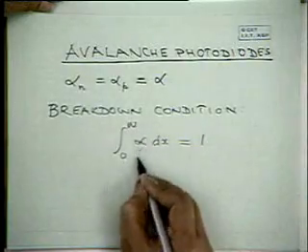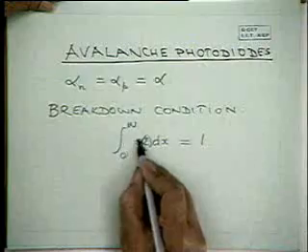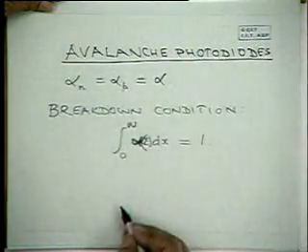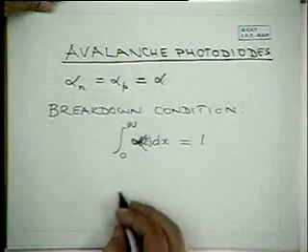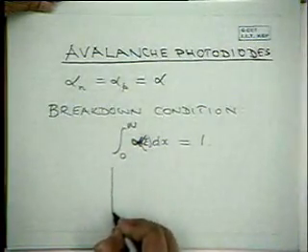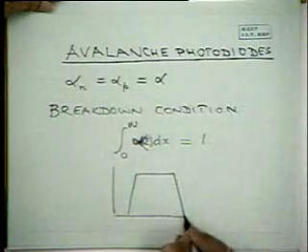Now, alpha itself is a function of the electric field. So you cannot take alpha out unless you have a diode in which the electric field is constant.